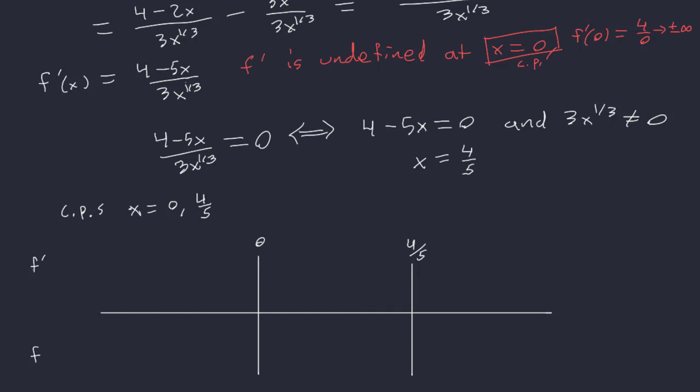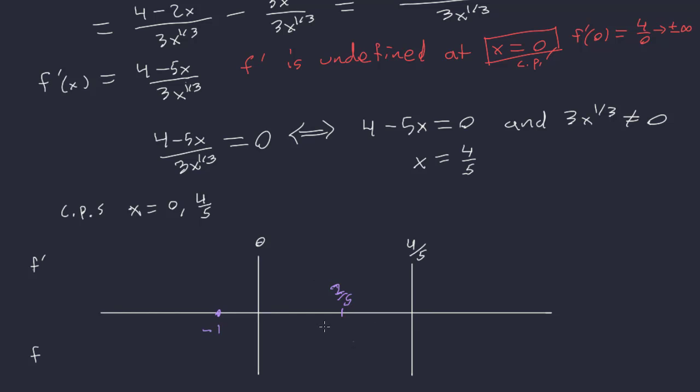So my tests, I could do -1 in this region. Here, I need something between 0 and 4/5. An easy thing to do would be something like 2/5, because there'll be 1, 2, 3, 4/5.